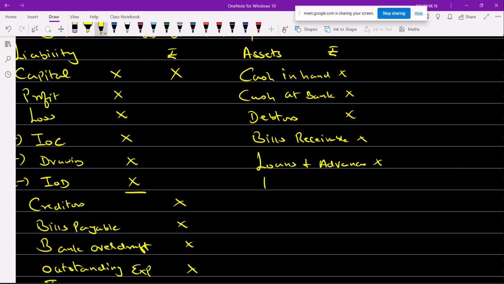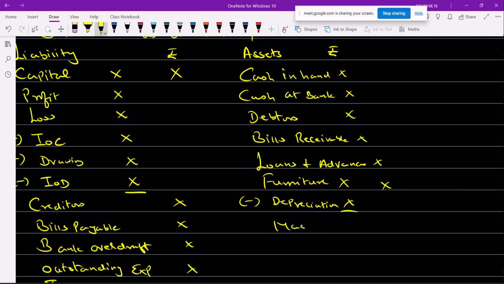Then you will be recording items such as furniture. If you have any furniture which has undergone depreciation, then you will record minus depreciation. The net value will be recorded in the outer column.